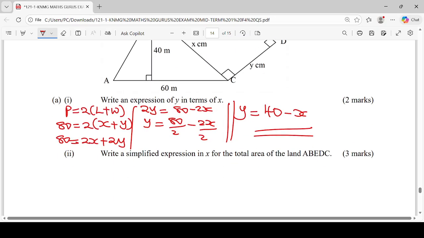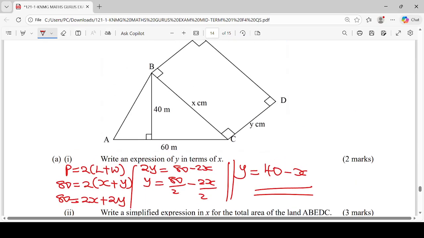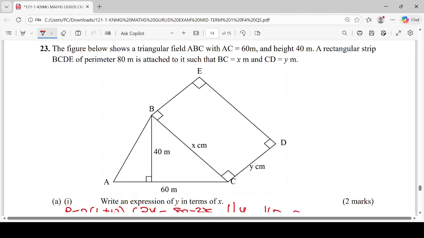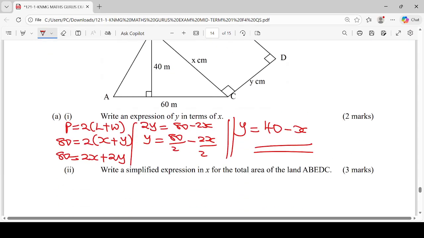Roman 2, write a simplified expression in X for the total area of the land ABEDC. The first thing we are going to do is get the area of triangle ABC.